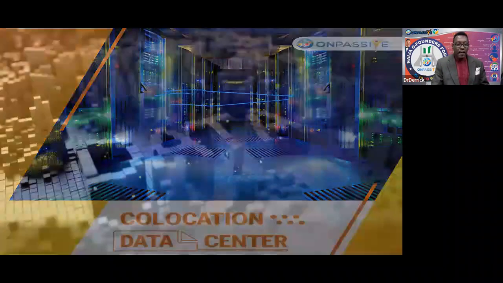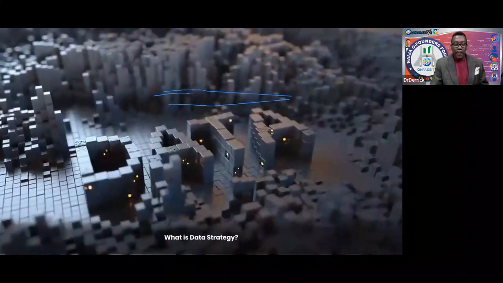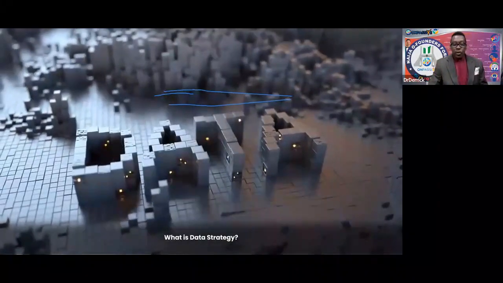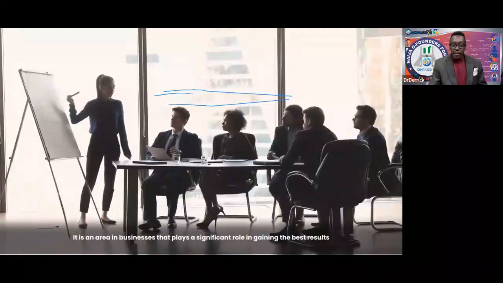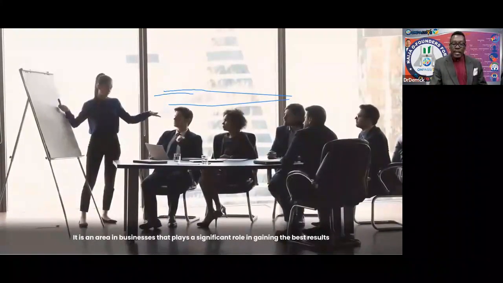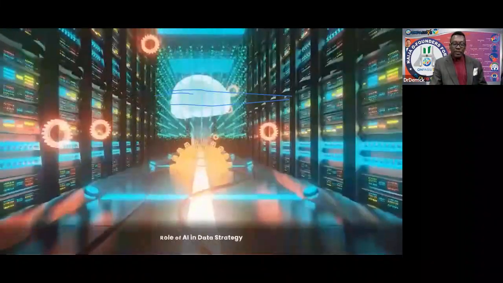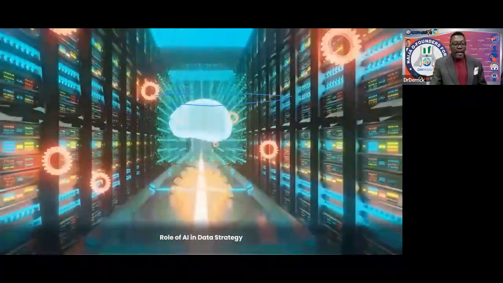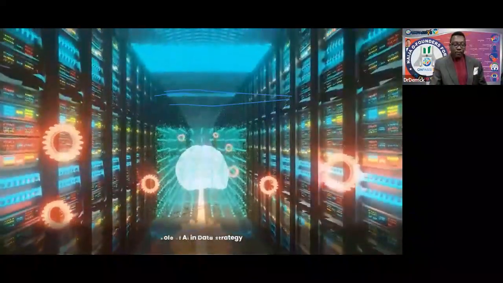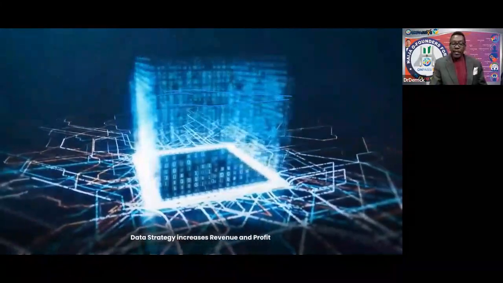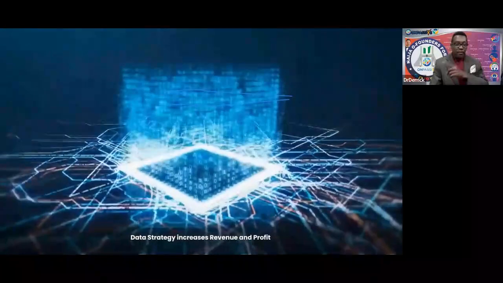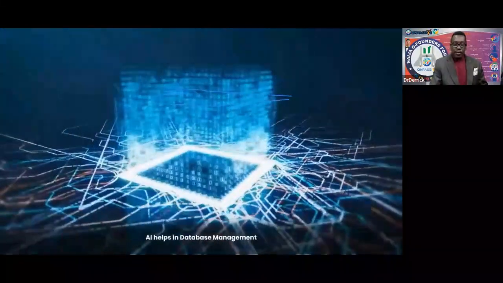OnPassive data center strategy is going to be looking at these few things. It is an era in business where AI plays a significant role in gaining the best results. Role of AI in data strategy: data strategy increases revenue and profit, and every founder should smile where that is concerned.